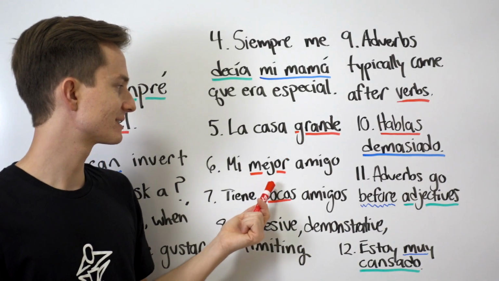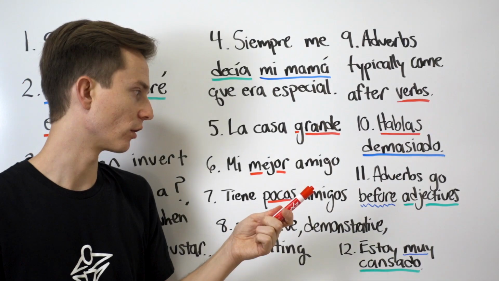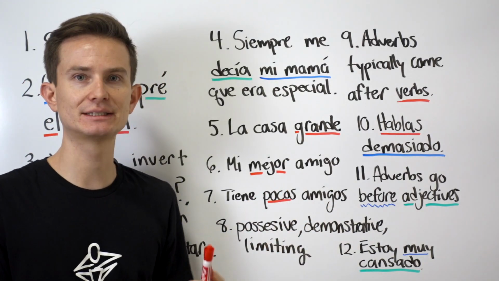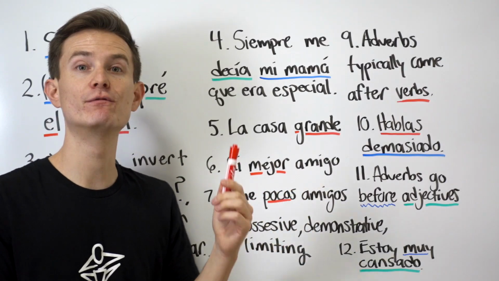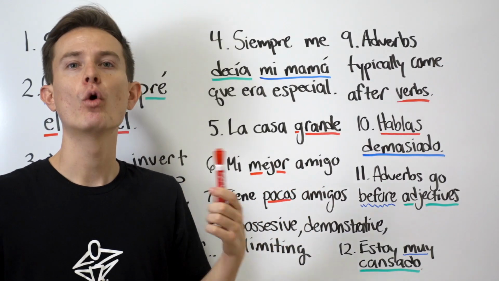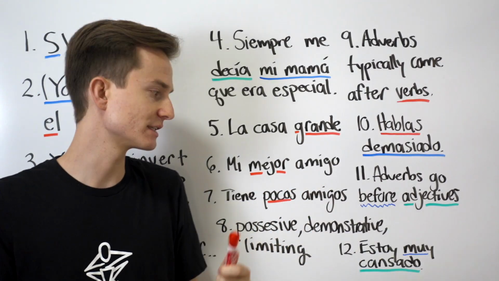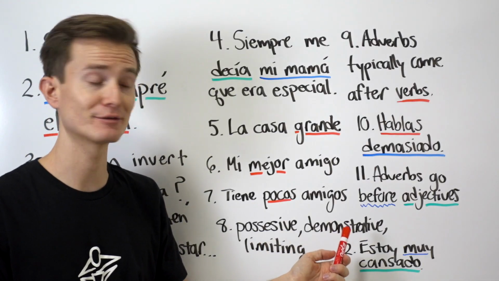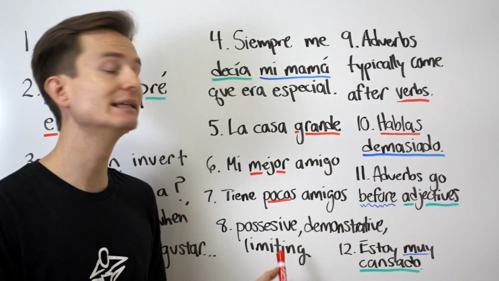Now, what about something like mi mejor amigo or tiene pocos amigos? Technically, these are adjectives. So why are they going before the noun? Good question. Well, we have different kinds of adjectives in Spanish. Ones like possessive, demonstrative, and limiting.